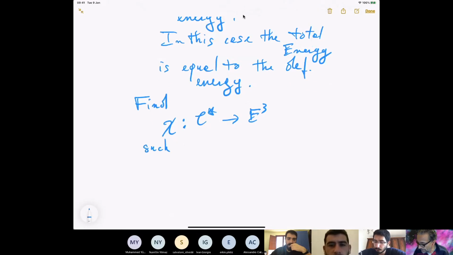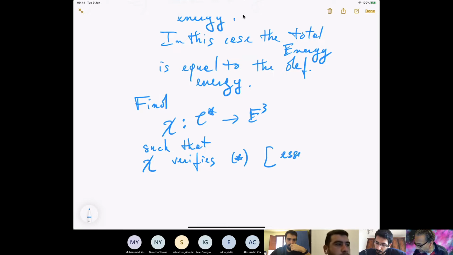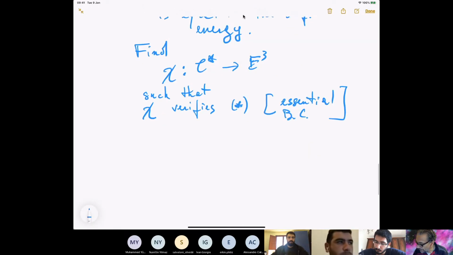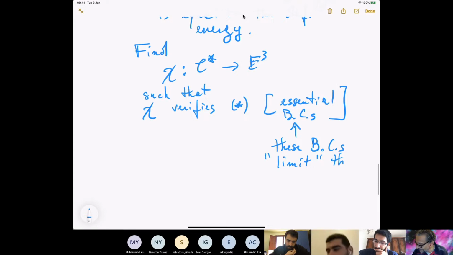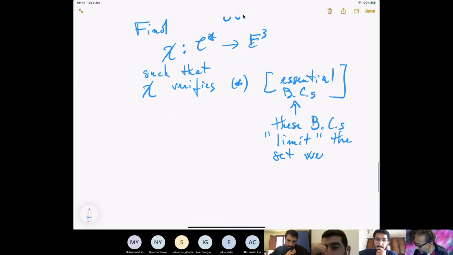Such that chi verifies star, which are called essential boundary conditions, because these boundary conditions limit the set where energy has the minimum.